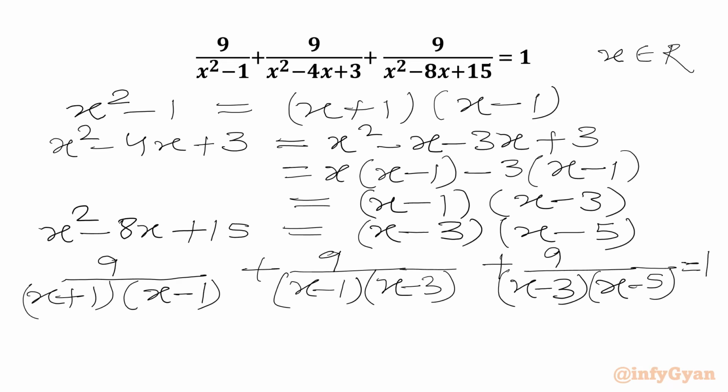Now we will divide both sides by 9 first. So I will write here 1, 1, 1, and in RHS we have to write 1 over 9. Now I will multiply our LHS by 2, so we have to divide by 2 also. We will write 1 over 2. Now we will write 2 in the numerators.